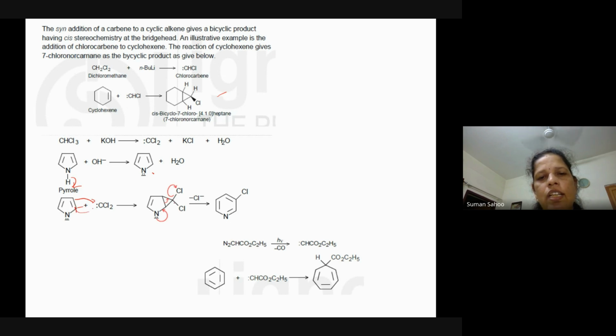So you get a bicyclic ring here, but you have a negative charge here, so that ring opens. From a 5-membered ring you are getting a 6-membered ring. So this is a very good method for the synthesis of pyridine from pyrrole.